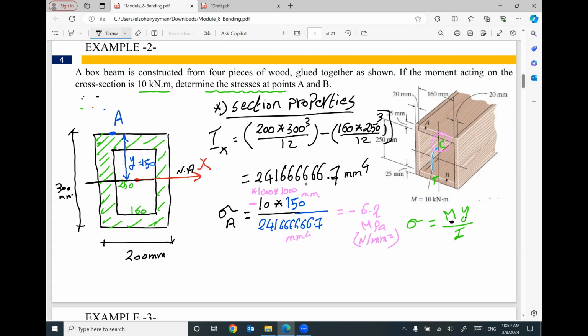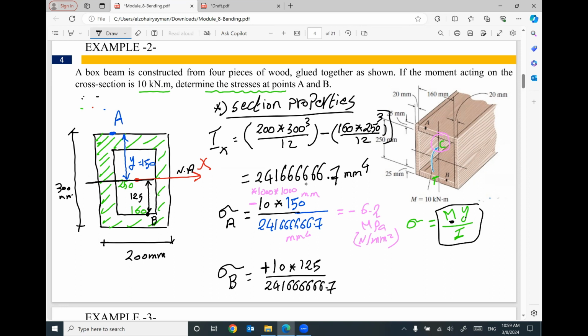For the bending stress at point B, I also have to use the same expression. The applied moment is 10. What is the vertical distance? Where is point B? Point B is located here. So what is the distance between the neutral axis and point B? This distance, I think, will be 125 millimeter. So 125 millimeter divided by the moment of inertia.